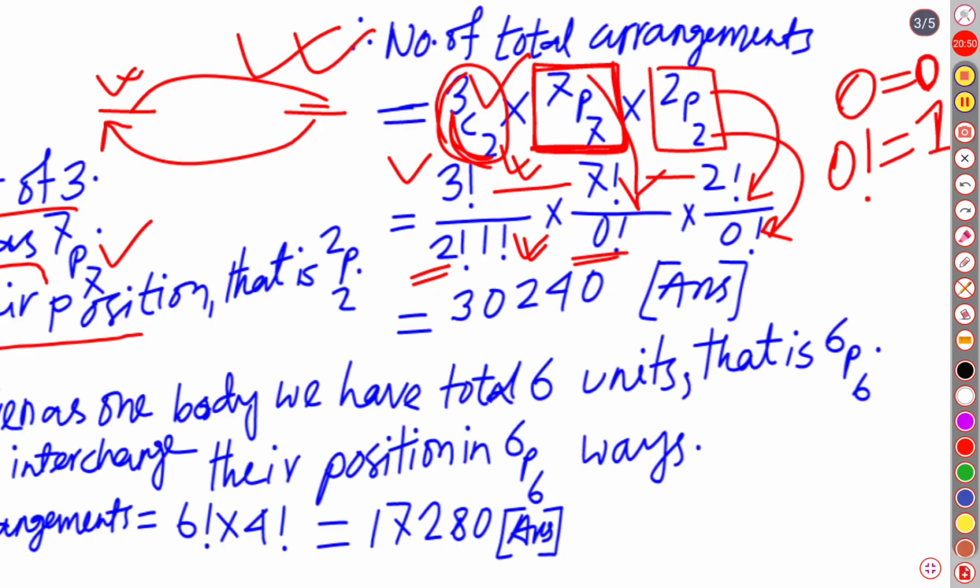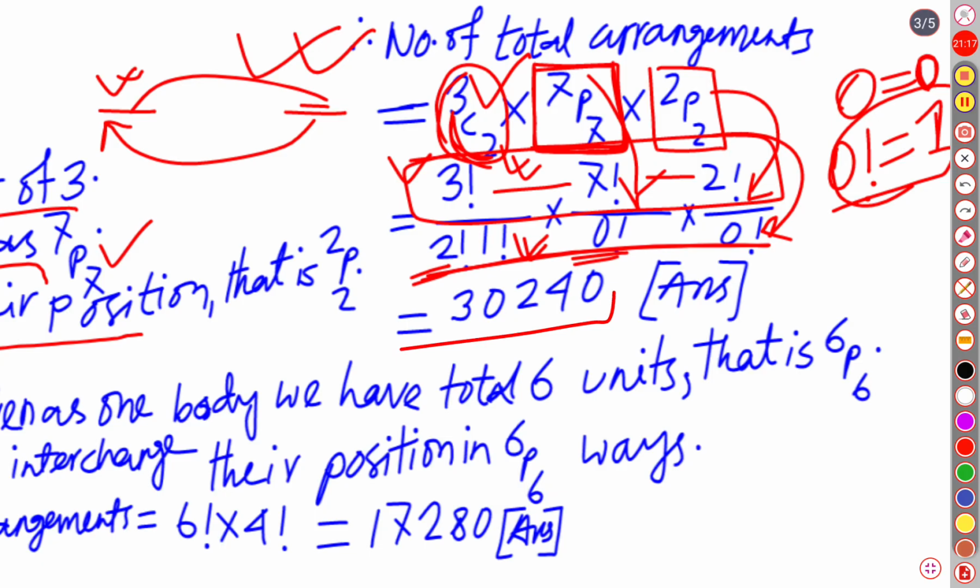It's not 0 actually. 0 factorial means 1, one way any number can be rearranged. 1 factorial is also 1. So 2 factorial, 0 factorial and 1 factorial all together will be 2. First you multiply the numerator, 3 factorial, 7 factorial and 2 factorial, then divide by 2. Ultimately you will get 30240 as the answer. That is the number of arrangements they have told us to find.